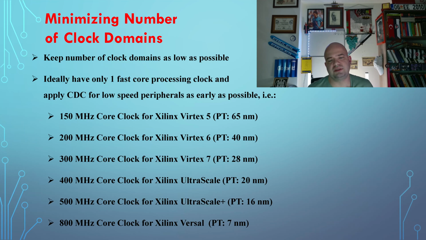Also speed grade. You know, there are different kinds of speed grades. Sometimes for a device family there are 3 different speed grades, and then there is the fastest one, the medium one, and the slowest one.